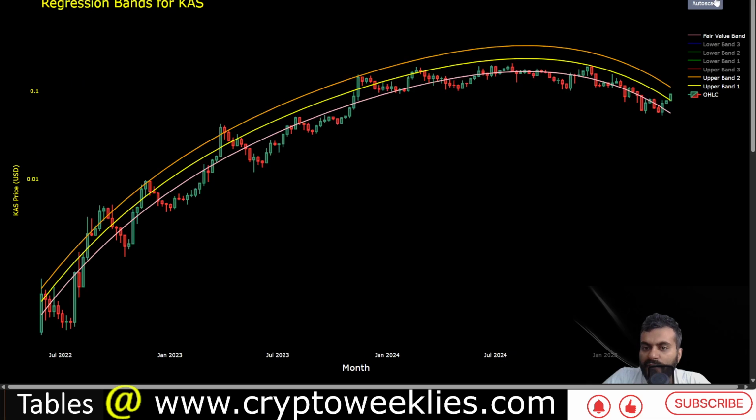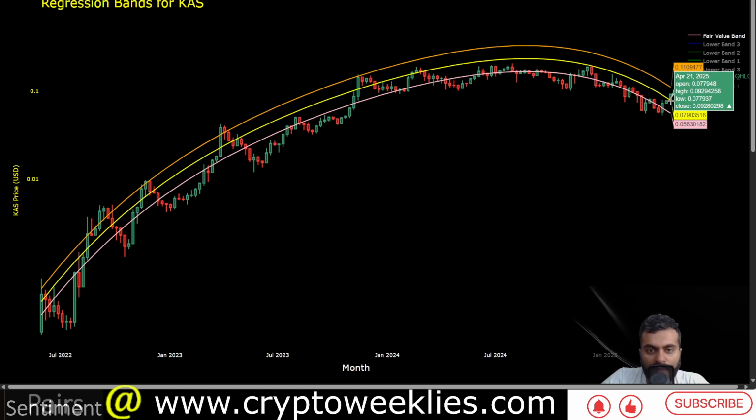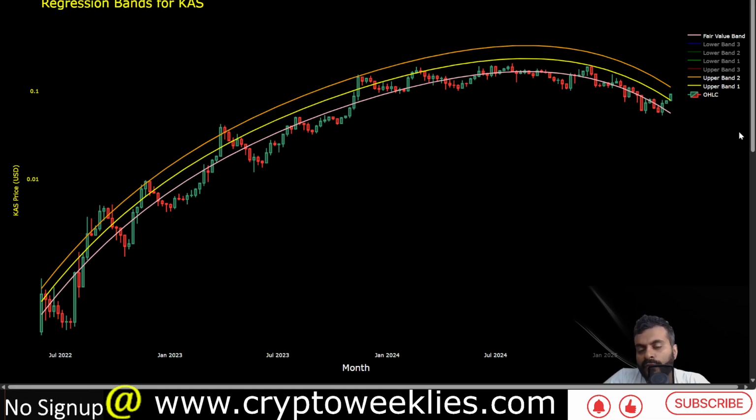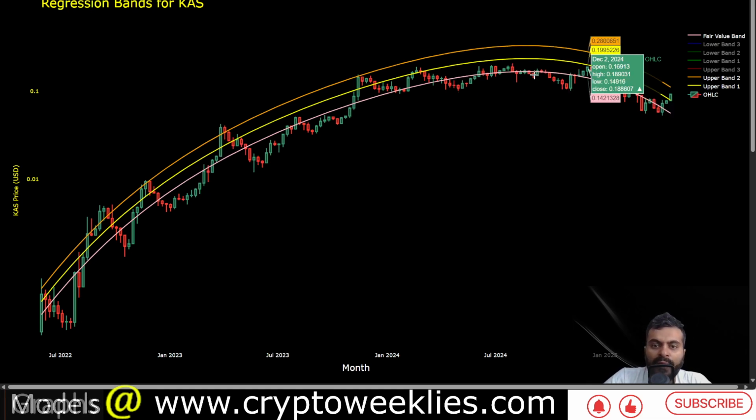Again, the fair value is definitely behind us at around 5.5 cents, and now the one standard deviation, per this polynomial regression and an interpretation of fair value and one standard deviation and two standard deviation residual, the prices are kind of trying to break out from their longer term resistances. Let's see if they meaningfully manage to do that.